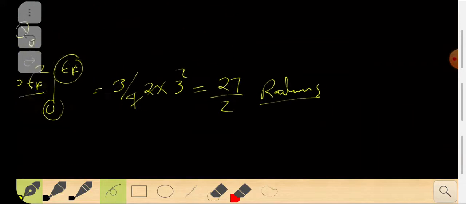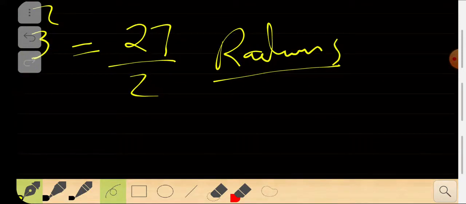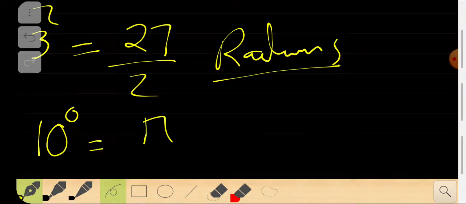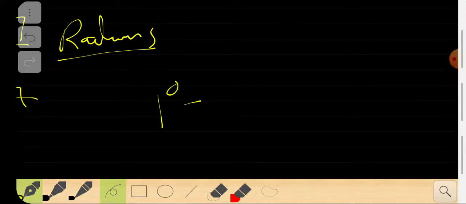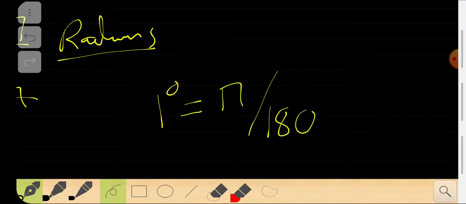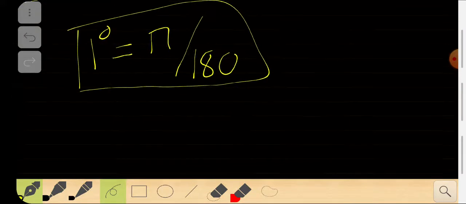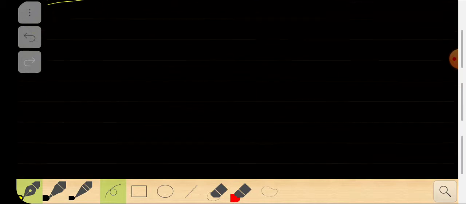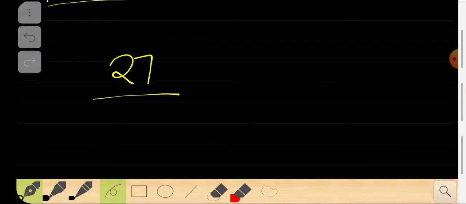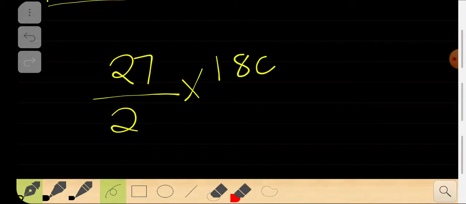So this is in radians. Now let's find out what this angle is in degrees, right? 1 degree will be equal to pi by 180 radians. So all you have to do is multiply 27 by 2 radians by 180 by pi, right?